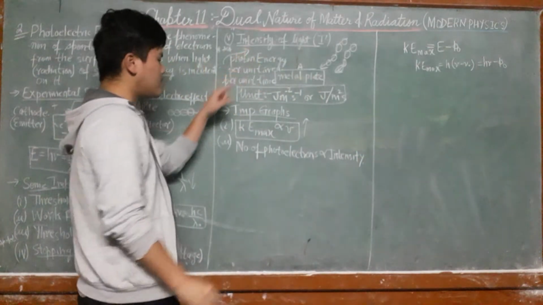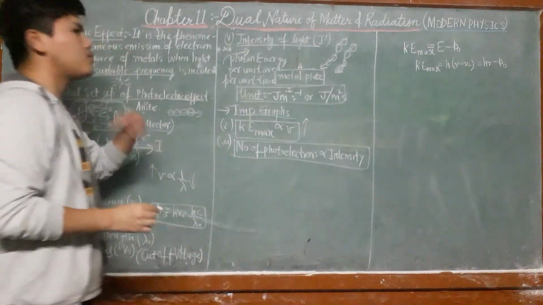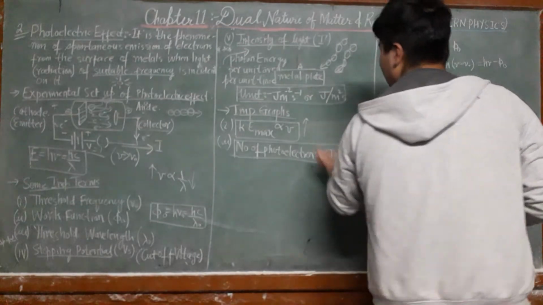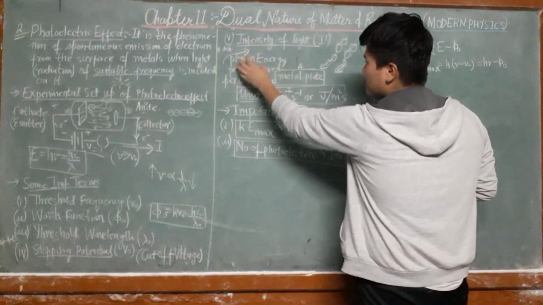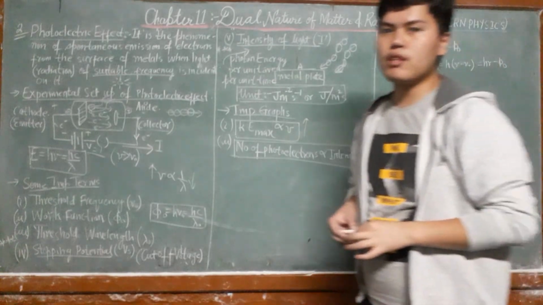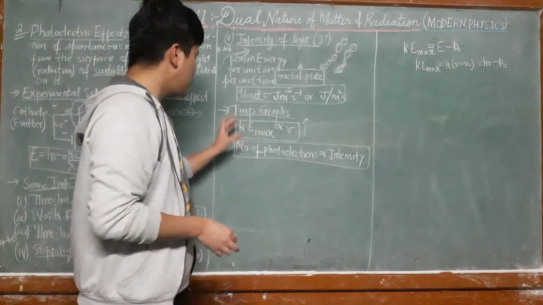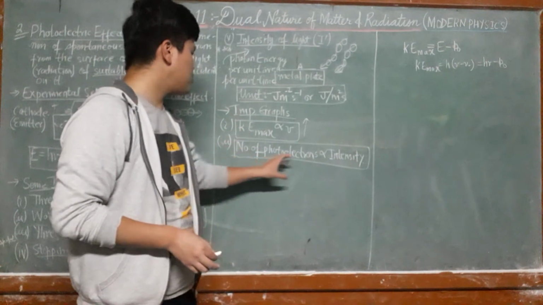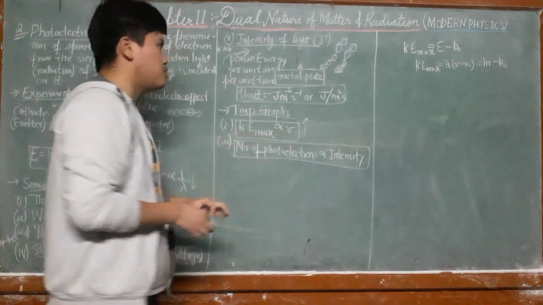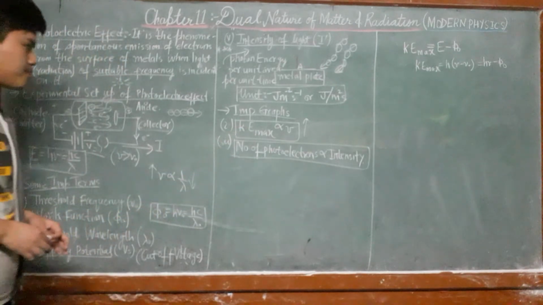Intensity is basically the number of photons, so the number of photoelectrons is directly proportional to intensity, and kinetic energy max is directly proportional to nu. This is quite important.